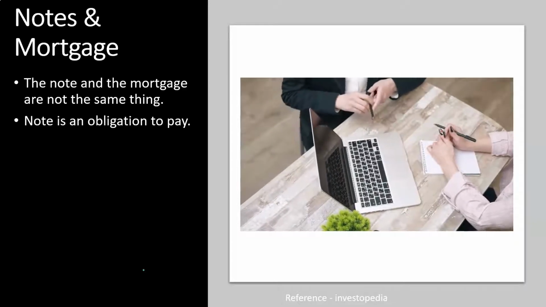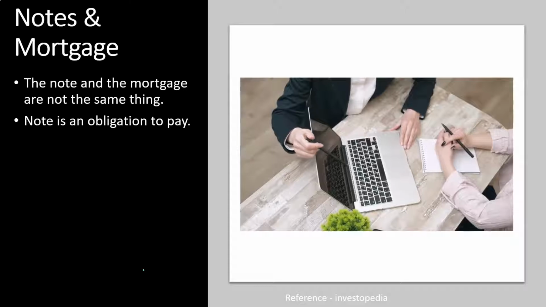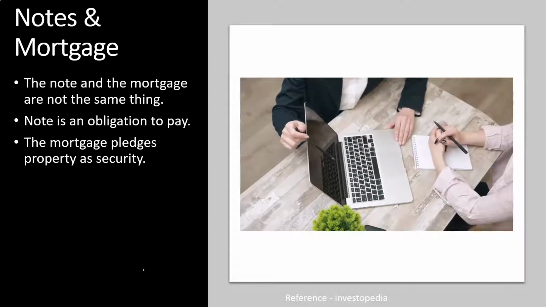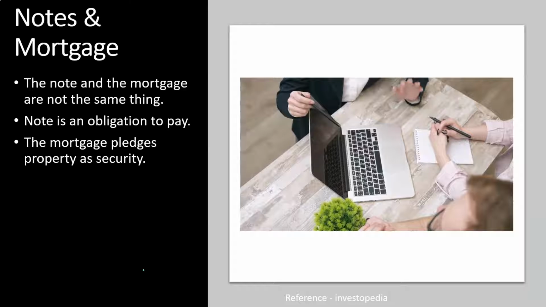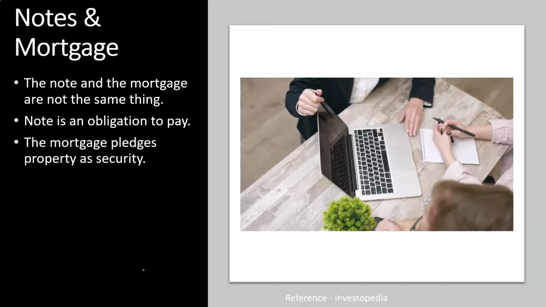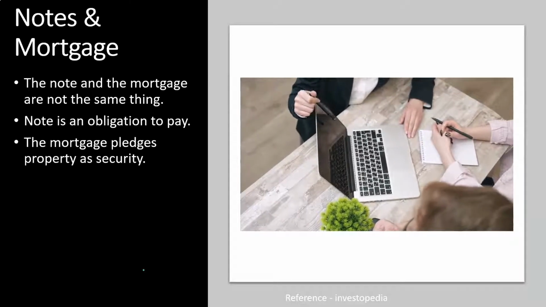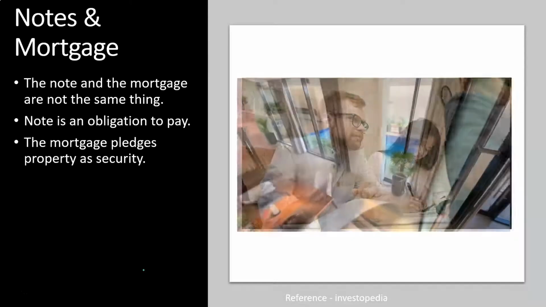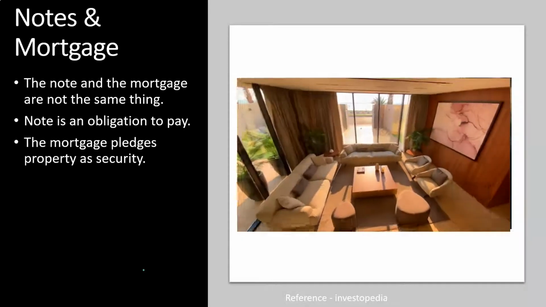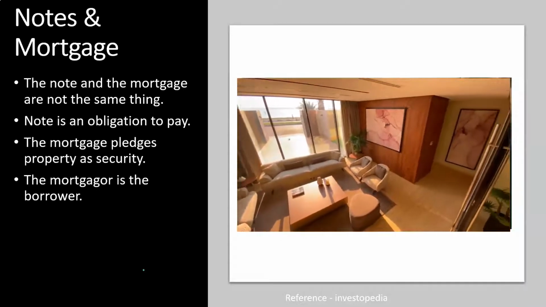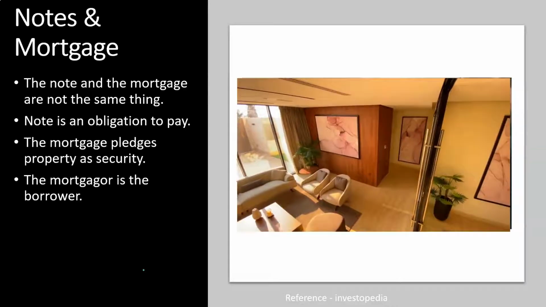The note is an obligation to pay, in essence, the loan, while the mortgage pledges the property as security. So you have the loan, and then you have the pledging of the property as the security, the real estate supporting the loan, giving the lender more security, which could influence the loan terms, possibly lowering the interest rate lower than it otherwise would have been due to the lower risk.